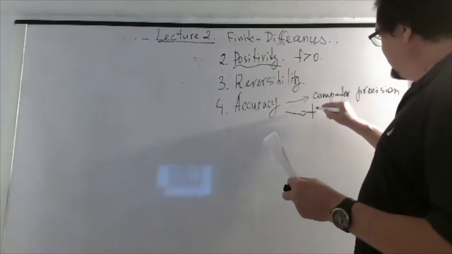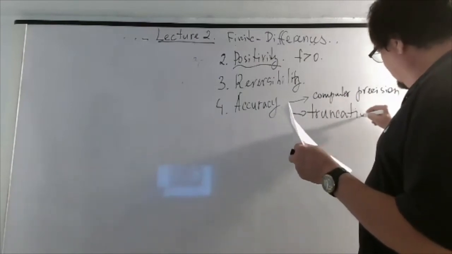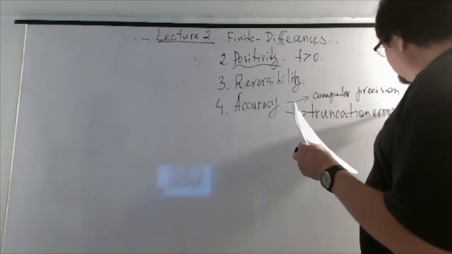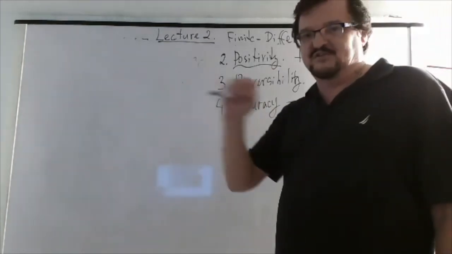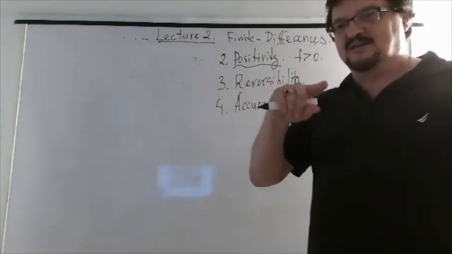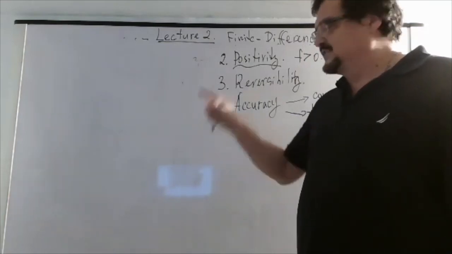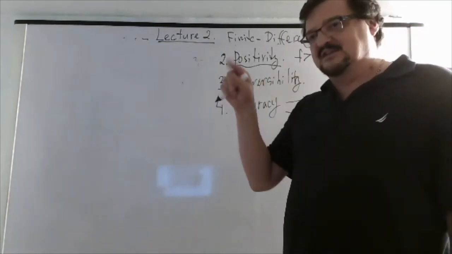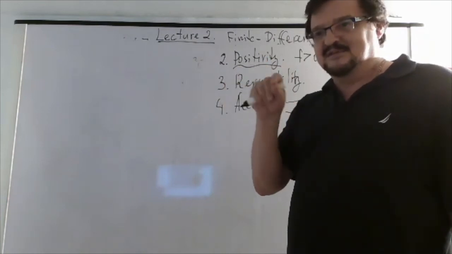Then truncation error, and we're going to talk about that a little bit. This truncation error is not related to computer truncation error, the representation of numbers, but to the truncation of representing your calculus by your algebra. So when you use this derivative definition, delta y over delta x, there is no limit enforced.